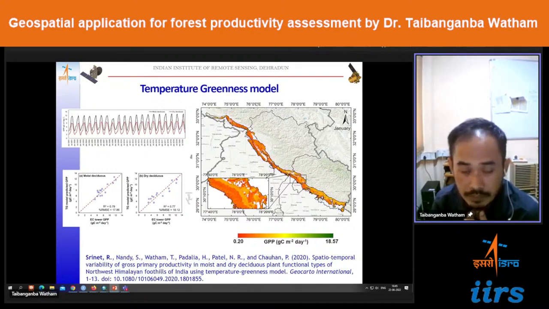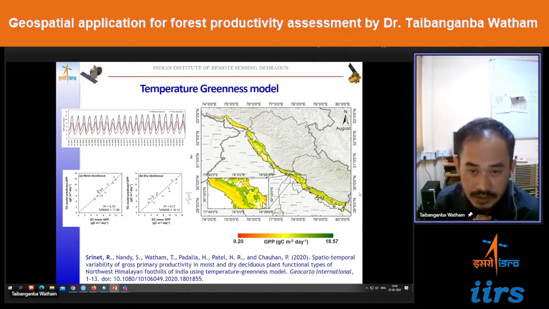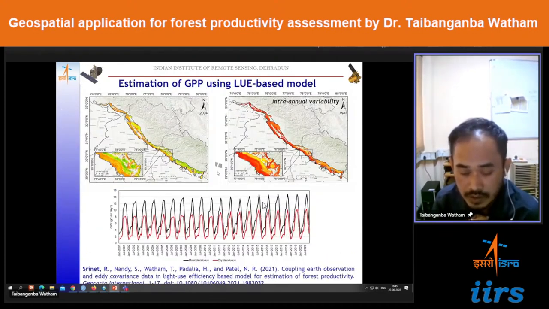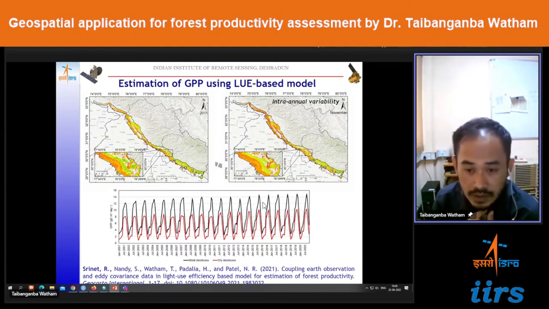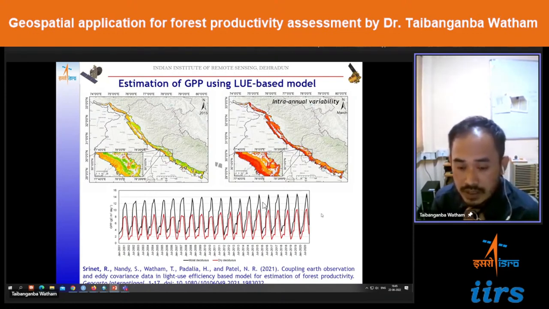So this is using the temperature greenness model, or TG model. Next, similarly, the LUE model, which uses the concept of the light use efficiency model, with the T scalar, P scalar, and the phenological scalar. In this case also, for the whole area we have done it using the same concept in Google Earth Engine.